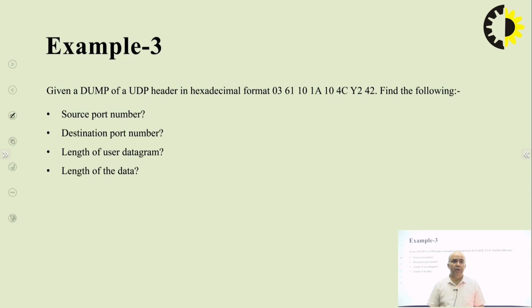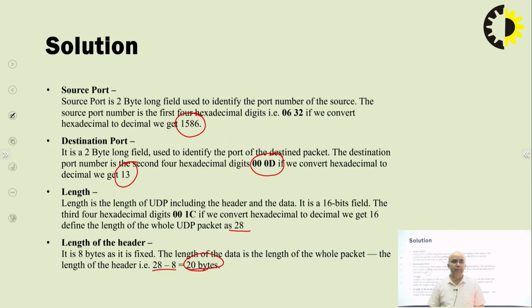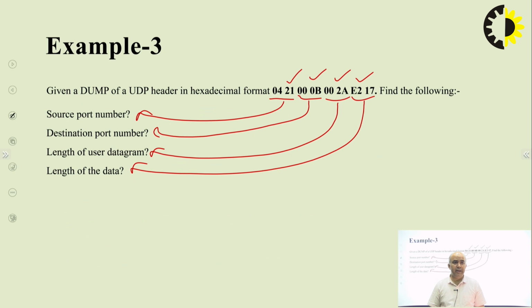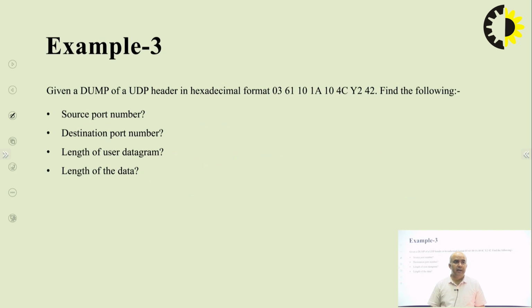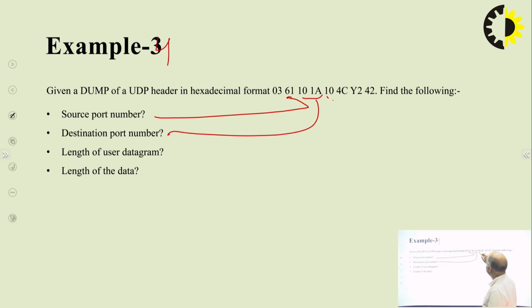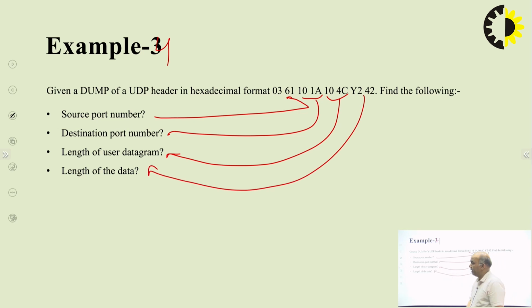Okay, so these are a few examples. Another example, sorry, this is the fourth example. Again, we have a hexadecimal dump for UDP, where 0361 will be the port number in this case. This will be your destination, this will be your datagram length, and these will be the length of the data.